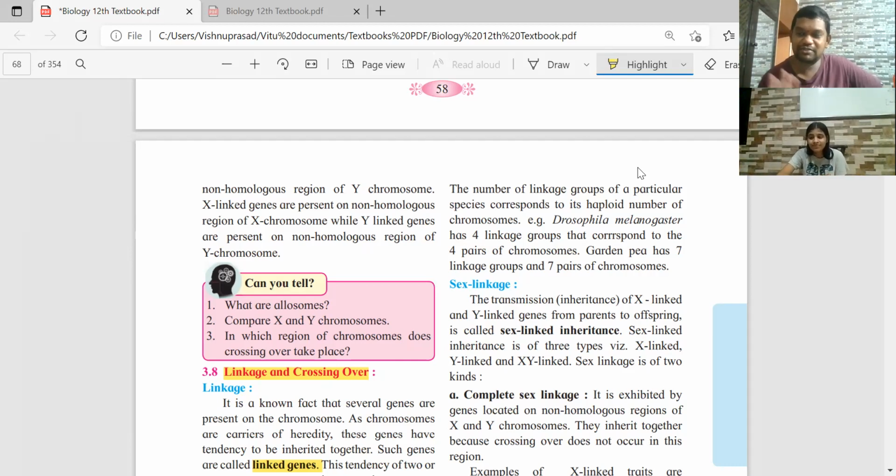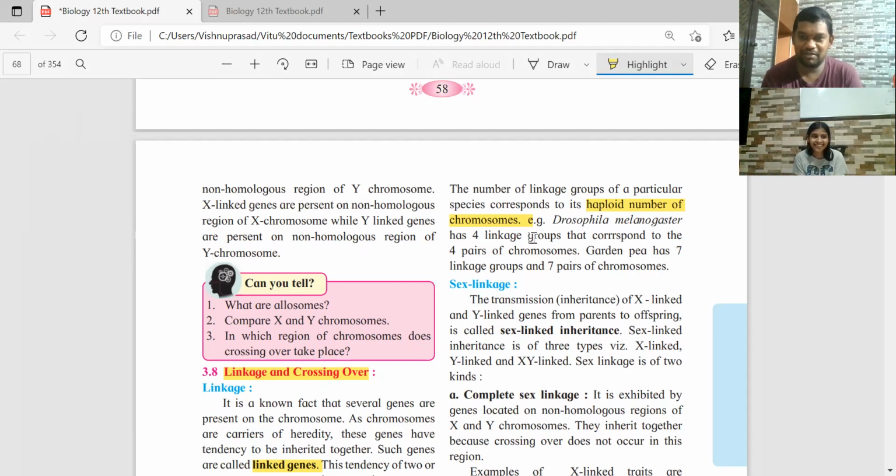Simply speaking, linkage group का meaning क्या है? The haploid number of chromosomes in that organism. The haploid number is the same as the number of linkage groups. Human beings का haploid number कितना है?